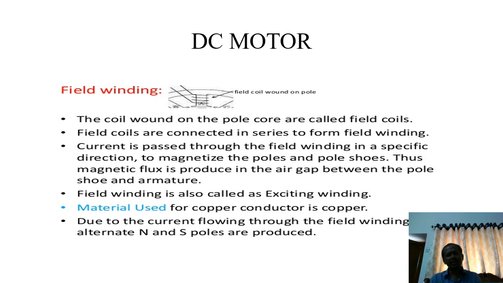What type of material is used in the field winding? Copper conductor is used for that purpose. Due to the current flowing through the field winding, alternate north and south poles are produced.